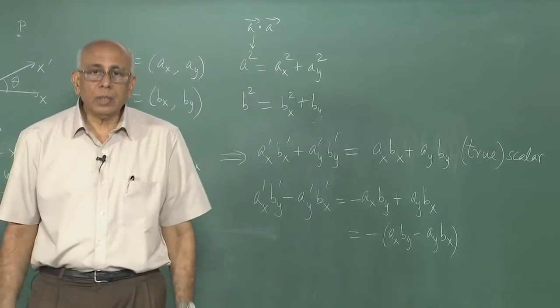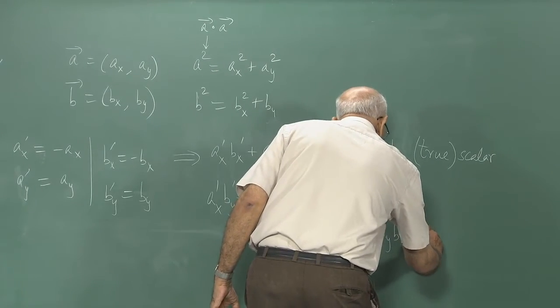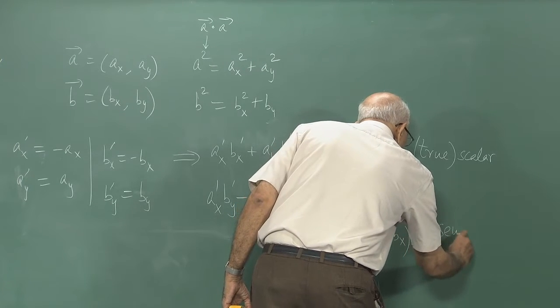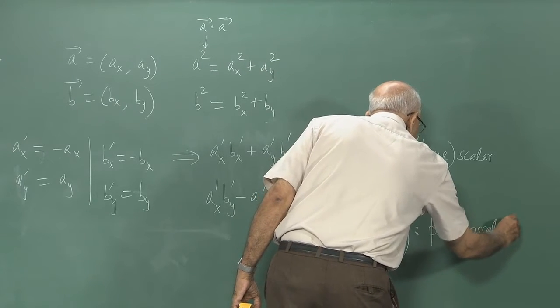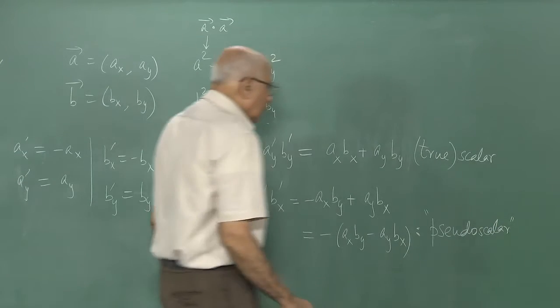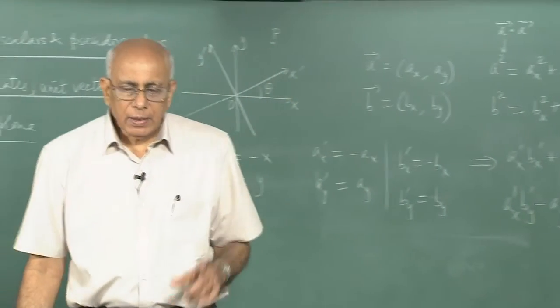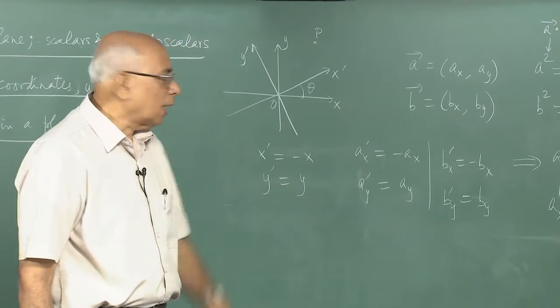Such an object is called a pseudo scalar. It is still a scalar under rotations, but its transformation under reflection is different from that of a true scalar.